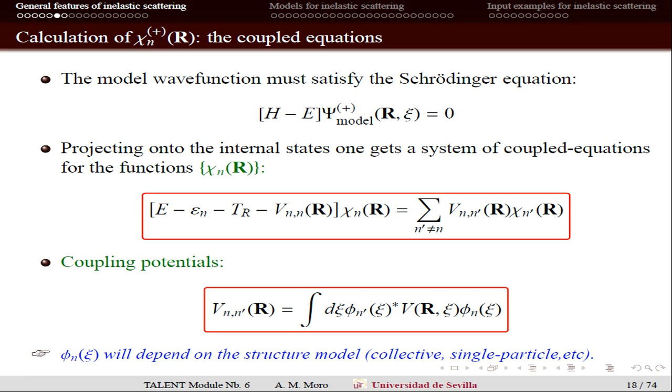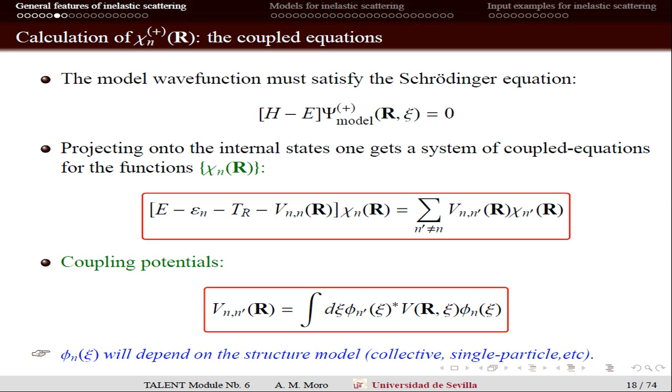Our connection with this code will be through these coupling potentials. So we will have to supply in some way the information corresponding to this. Then the code will solve these equations for us. But this is where the user has to interact with the code.